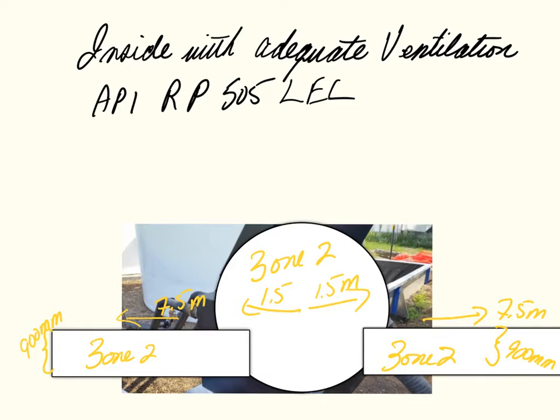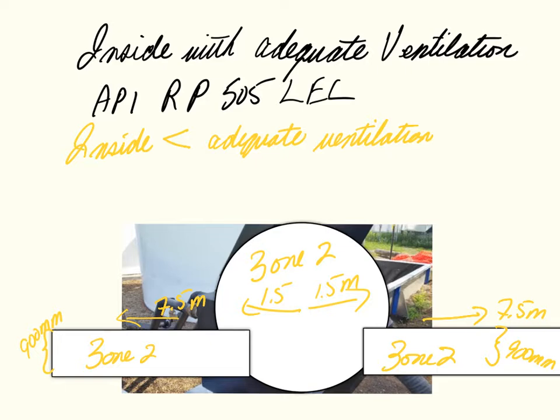Now, the only thing that changes when we go inside with less than adequate ventilation, in other words, we don't maybe have the proper ventilation system in place, both input and exhaust, is that it's going to affect the hazard itself.